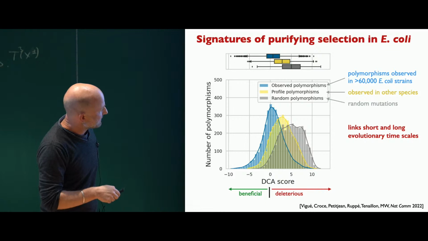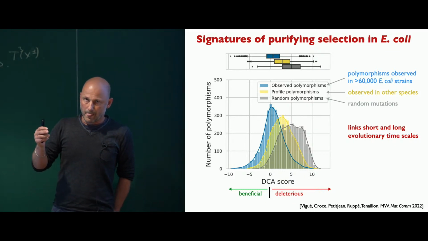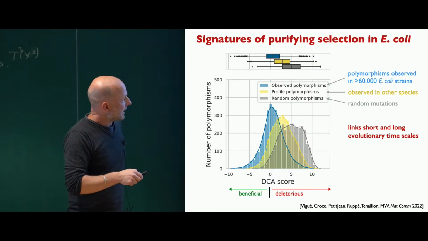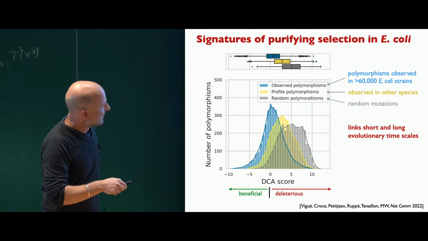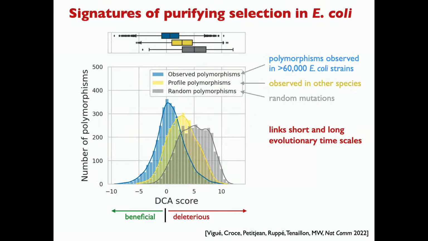And now we tried with our model to evaluate these mutations. And here I have 3 histograms. The first histogram is random mutations, if I would introduce random mutations, and you see that they are centered in some positive value. Remember, energy going up is deleterious, so most of them are actually deleterious, and that's quite true.